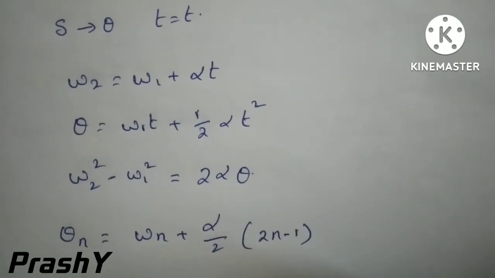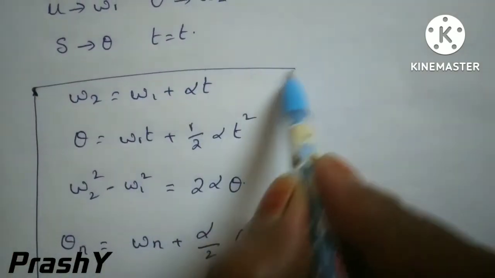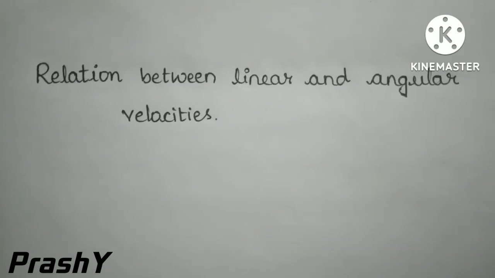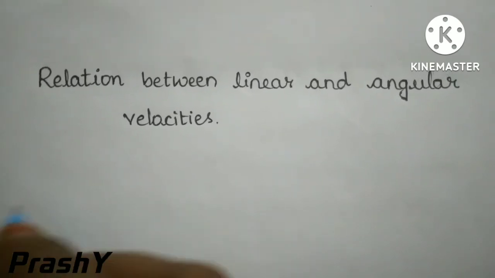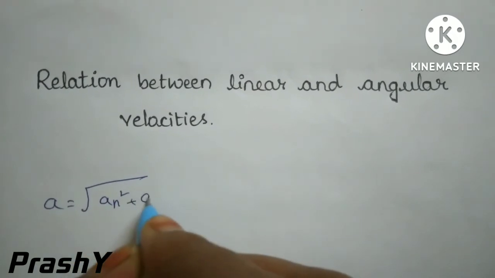So these are the equations for angular kinematics. The resultant acceleration is a is equal to root over an square plus at square.